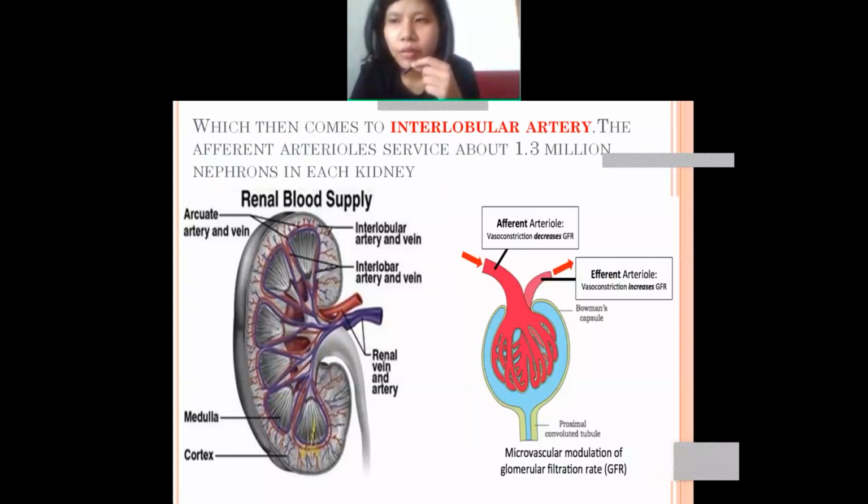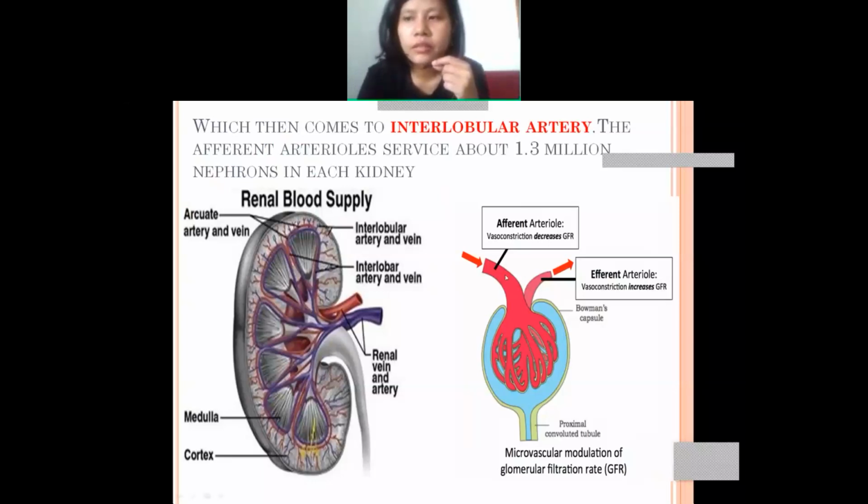In the nephron, the first thing you will find is the afferent arteriole. There are about 1.5 million nephrons in each kidney. The blood will go and flow towards the nephrons.